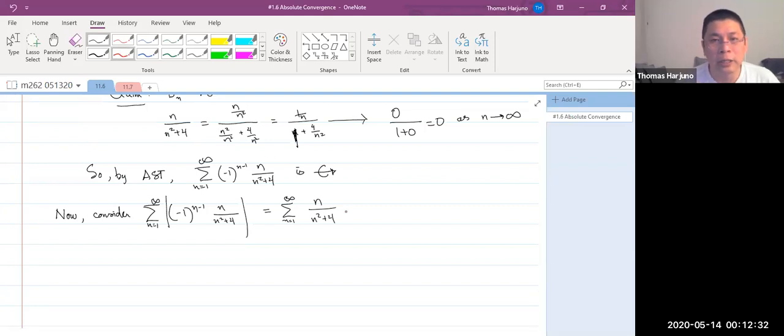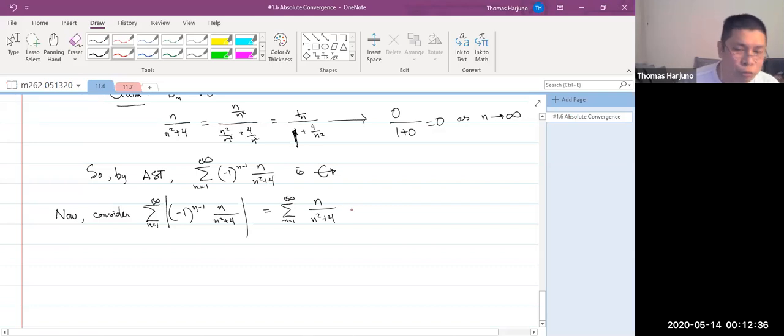What you say is true, but there will be a flaw in the logic, because it is true that this is less than this series. And you argue that this is divergent. But if you bound it above by something divergent, you cannot say this is divergent.